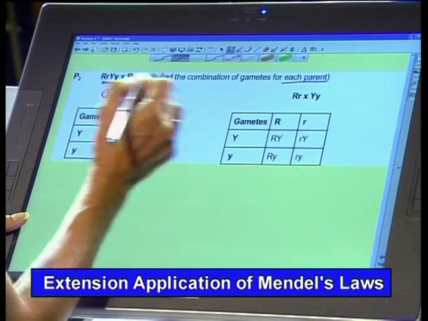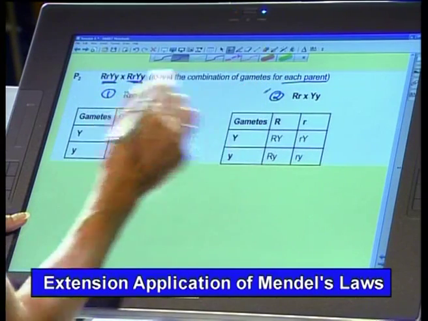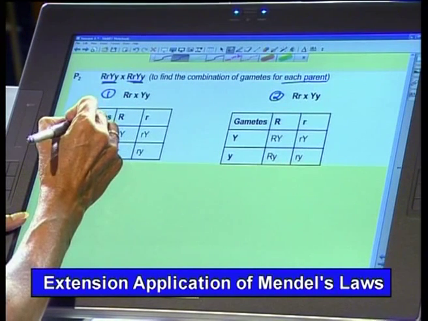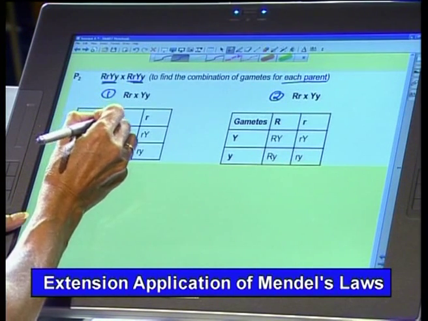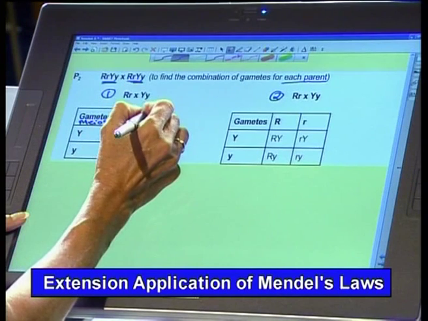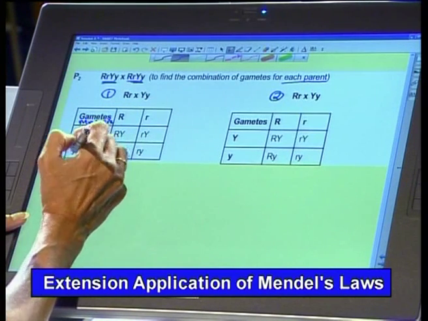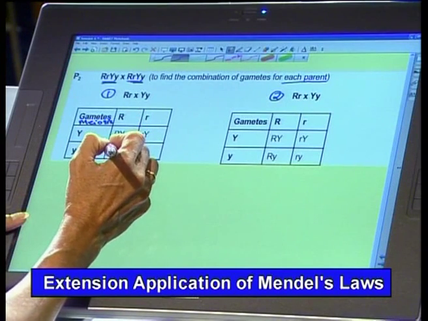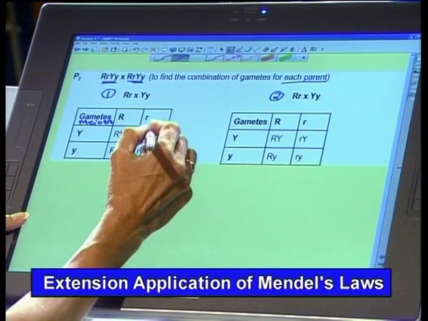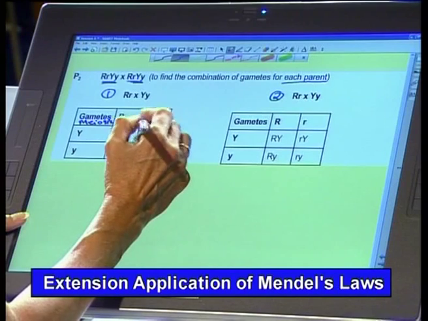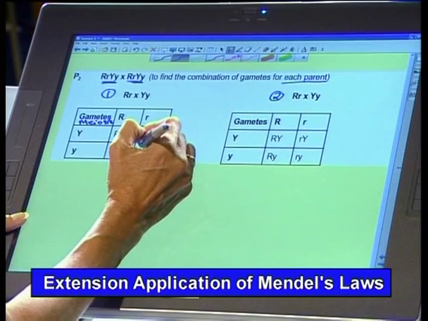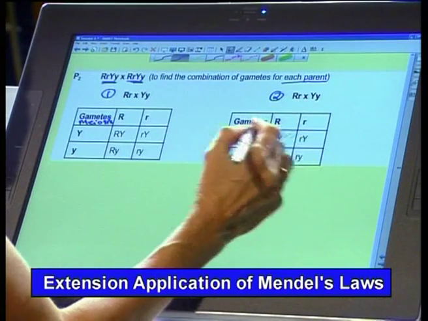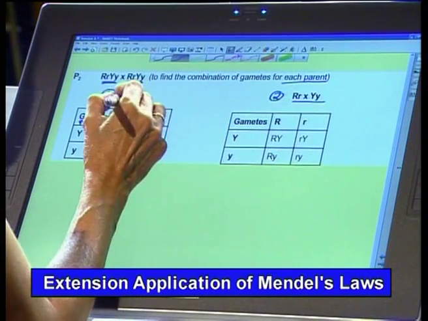This will be parent 1, this is parent 2, and the two now split up. We're going to have meiosis, and we're going to have capital R, small r versus capital Y, small y. So the parents' gametes are exactly the same.